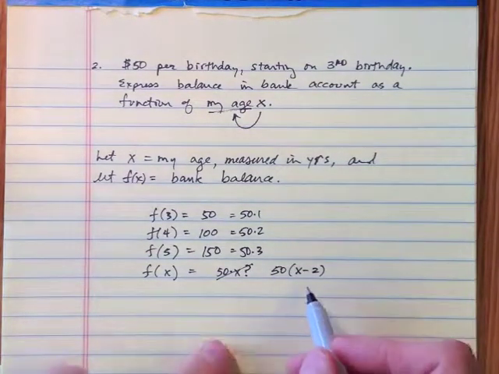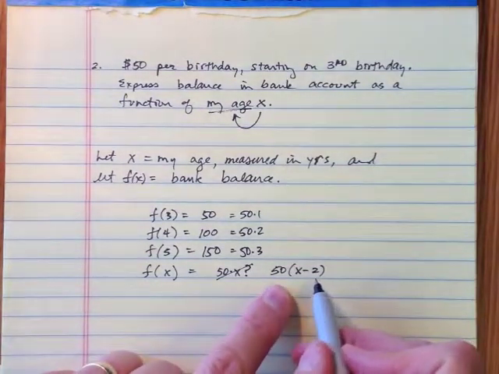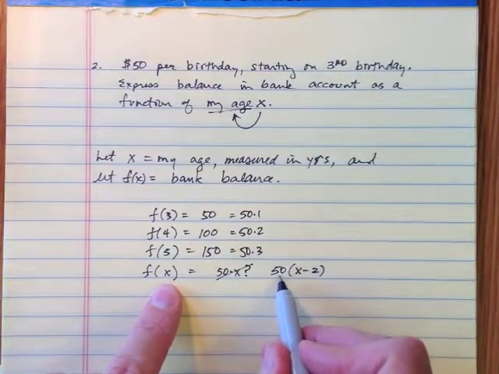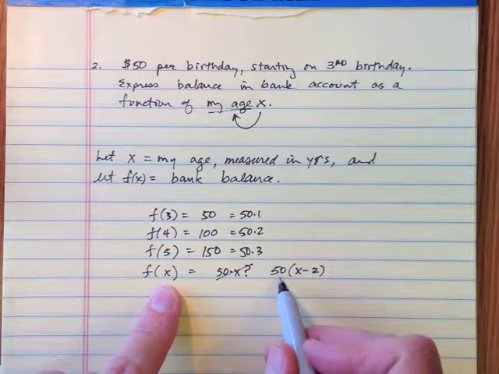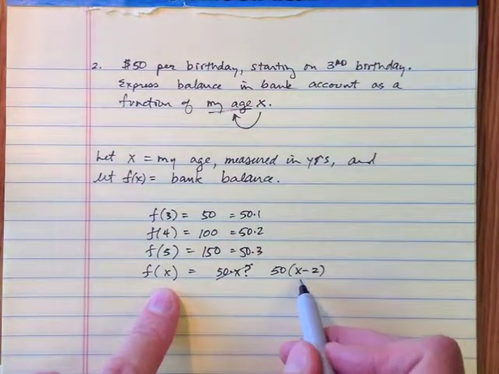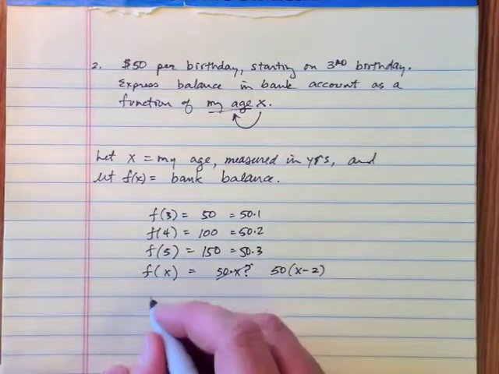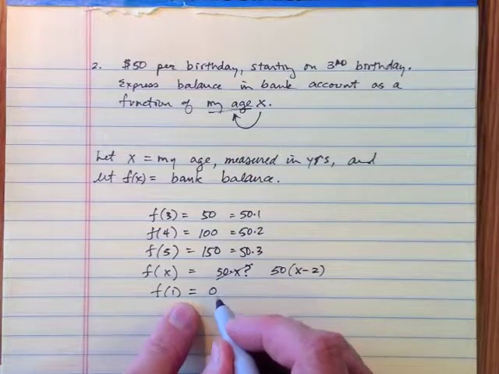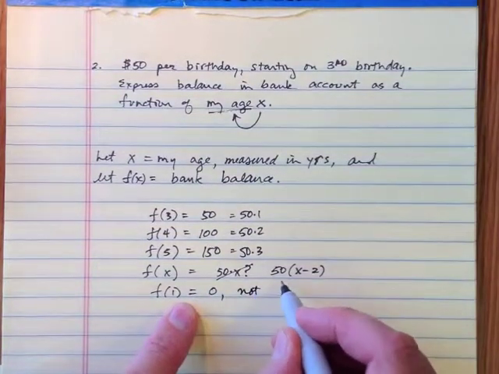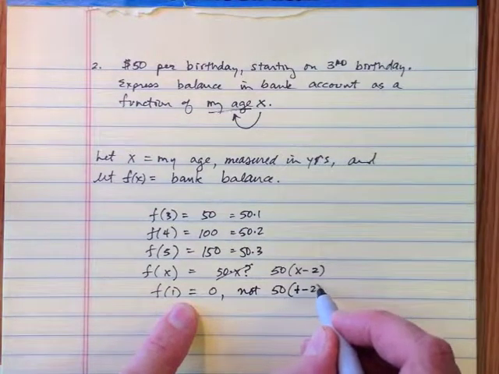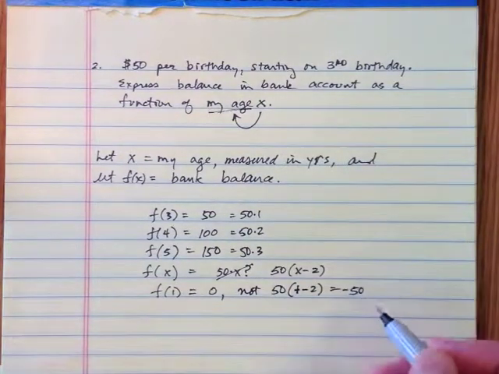Now wait a minute. Does that mean that when x was 1, when I was 1 year old, I had negative $50 in the bank, and when I was 2 years old, I had $0 in the bank? That's correct that I had $0 in the bank when x was 2, but when x is 1, f of 1 should be 0, not, according to this formula, 1 minus 2, negative 50.